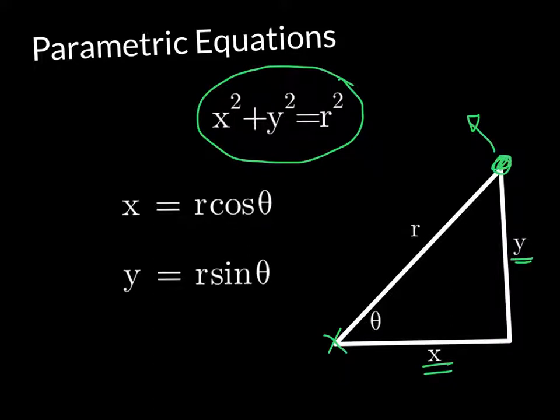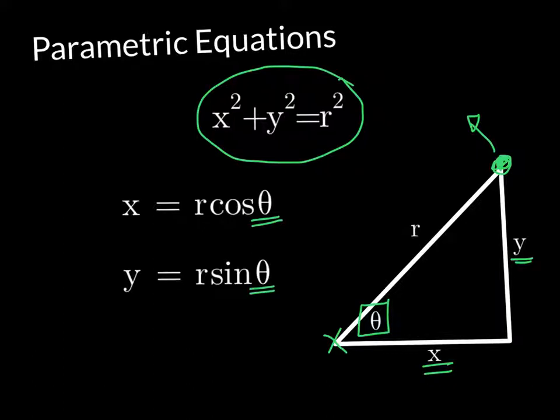So we can express this coordinate, say x, as r cos theta from SOHCAHTOA. So theta is the angle of rotation, the angle that that point is sitting at relative to the horizontal. So that becomes our third variable. Similarly, we can express y as r sine theta.